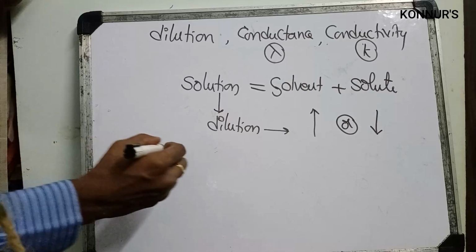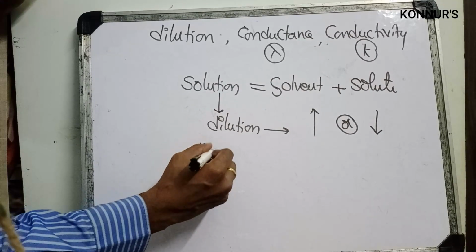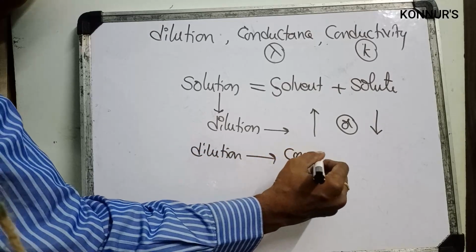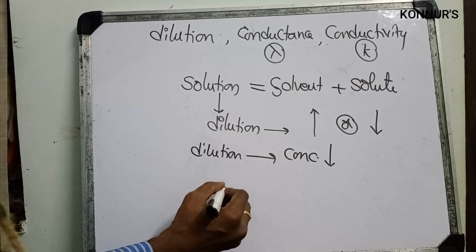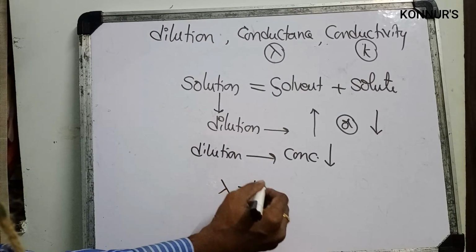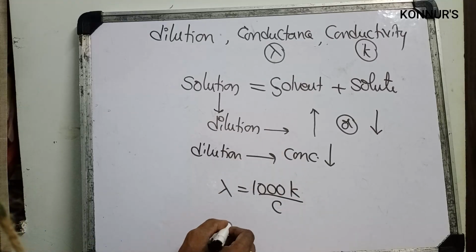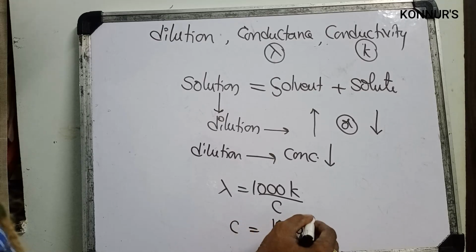In the dilution process, the concentration decreases. We already know lambda equals 1000 K by C, so C equals 1000 K by lambda.